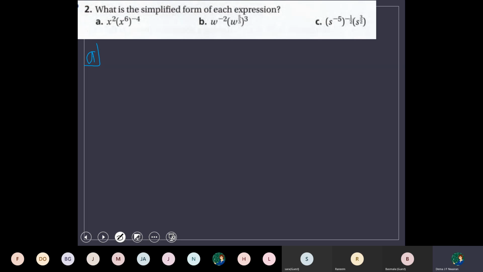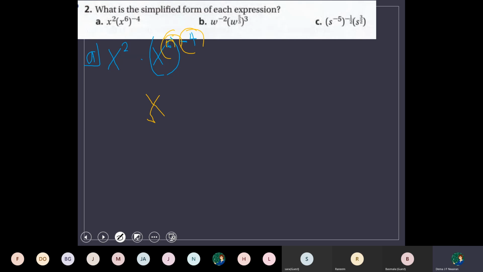x squared times x raised to the power 6 raised to the negative 4. As we said, because of the order of operations, the first step, I have now to multiply 6 times negative 4.